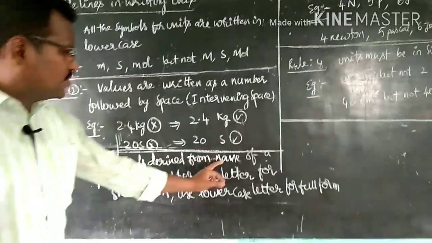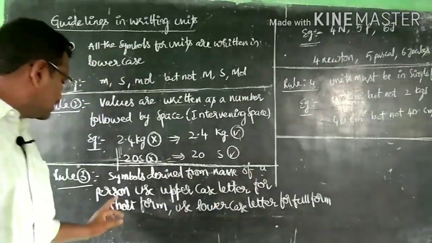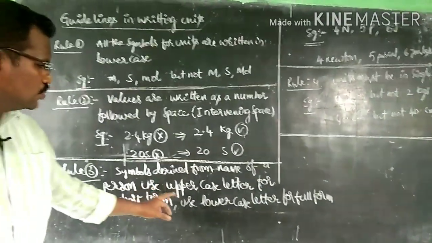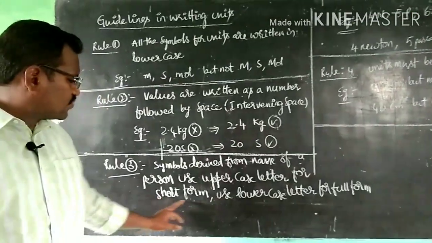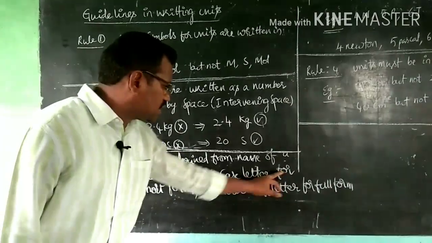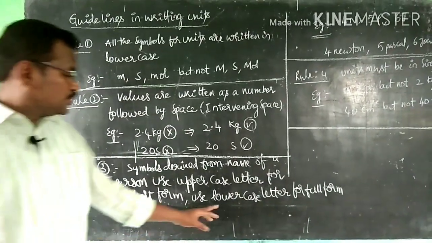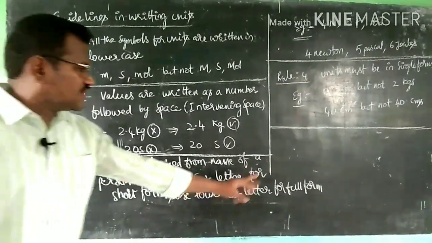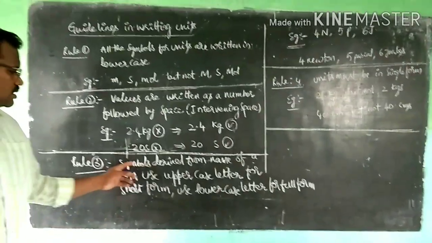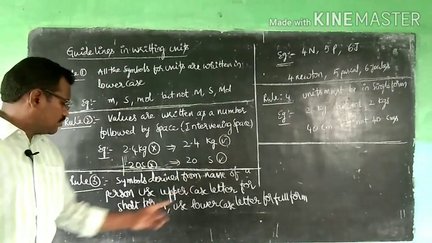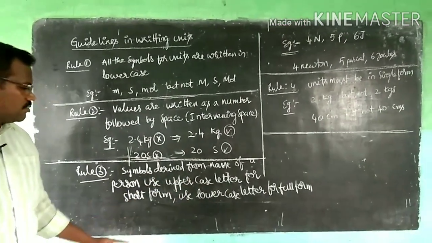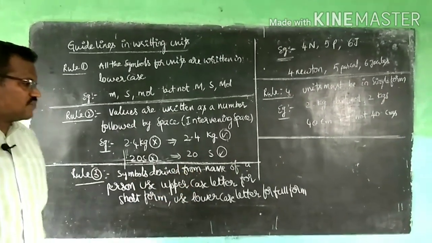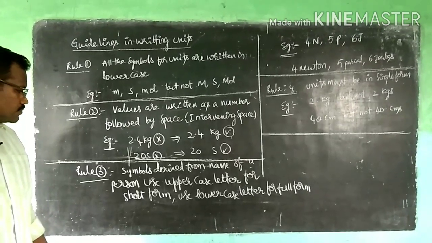Symbols derived from the name of a person: use uppercase letter for the short form, and use lowercase letter for the full form.